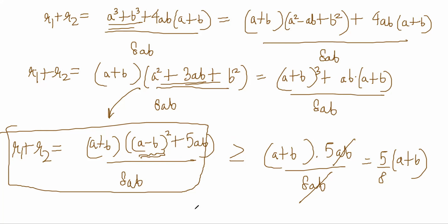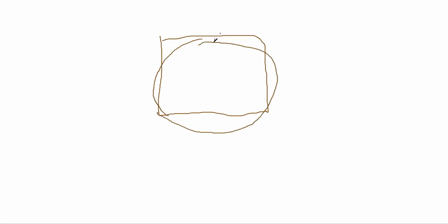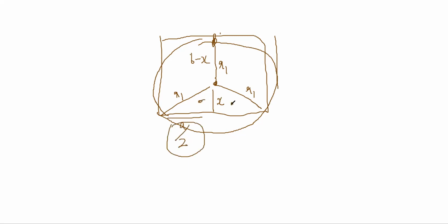The question was very simple. If you draw the figure and draw the circles once and note your stuff like this, this is some radius, this is the same radius, and this is the same radius, r1, and this one will be some x, and this one will be b minus x, and this one will be a by 2, because triangles are congruent.